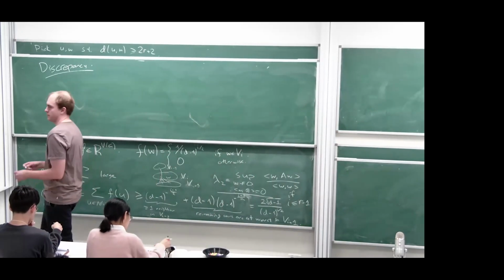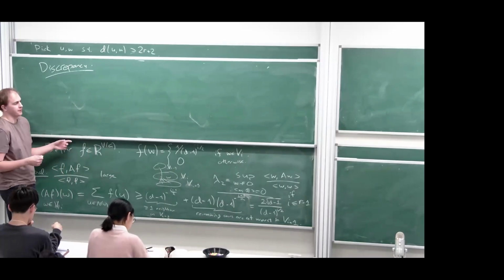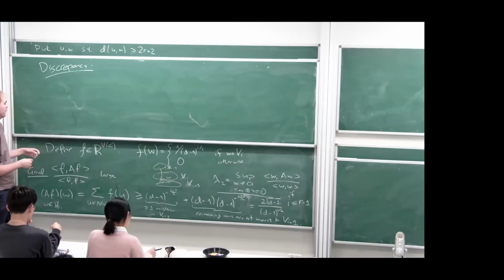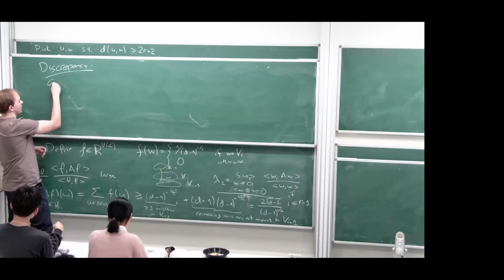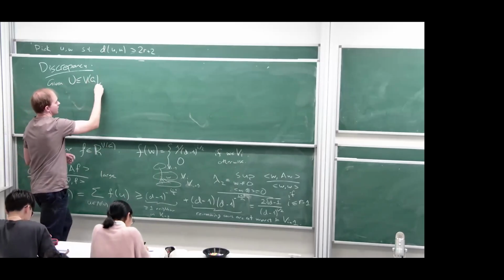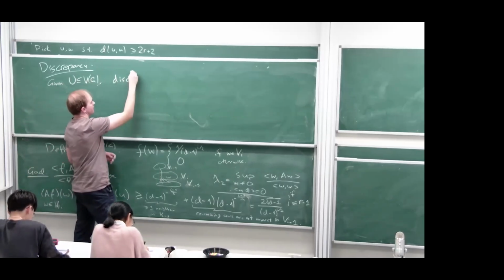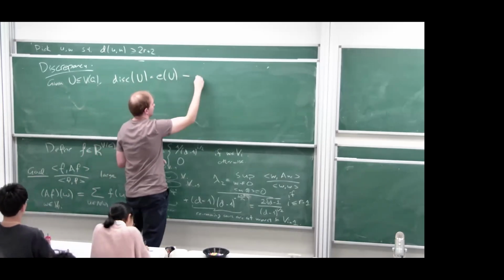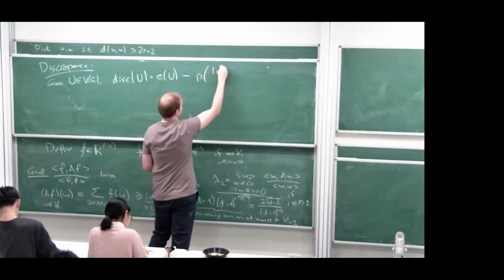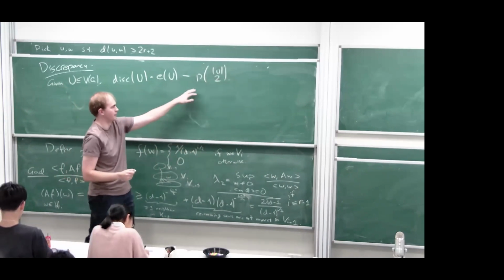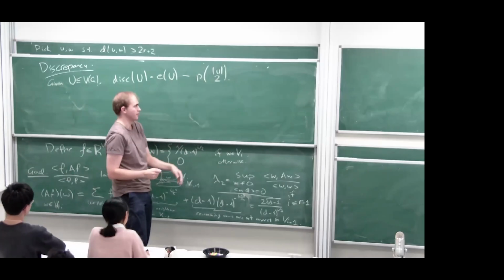Okay, so discrepancy should be viewed as a notion analogous to the max-cut problem. Given a subset U of the vertices, we define the discrepancy of the set U to be the number of edges inside U minus p, the edge density, times the size of U choose 2.